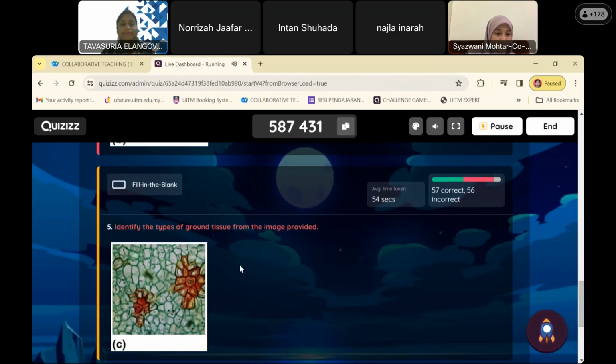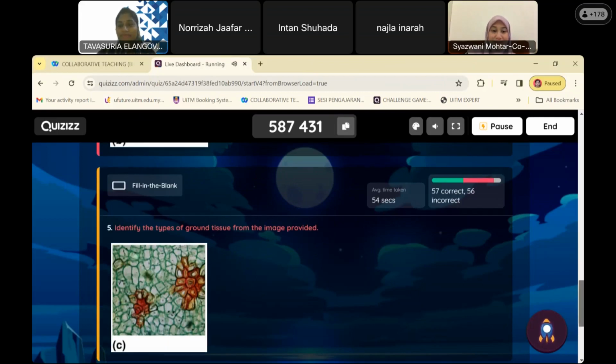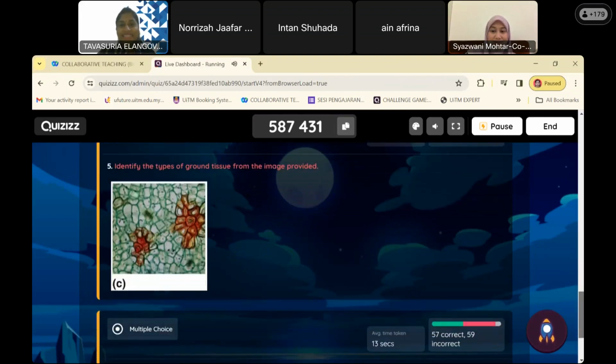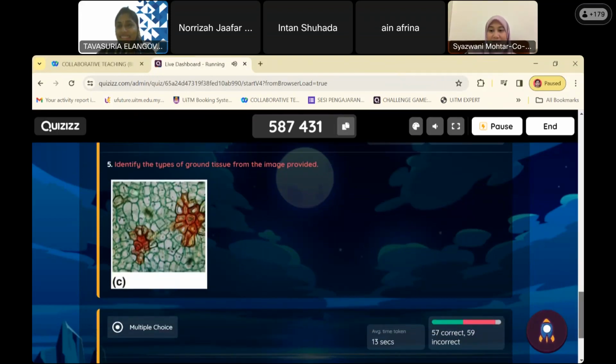What is number 5? The image. What is this? What type of ground tissue? Is that collenchyma? Collenchyma or sclerenchyma? Few students said collenchyma, few students said sclerenchyma.